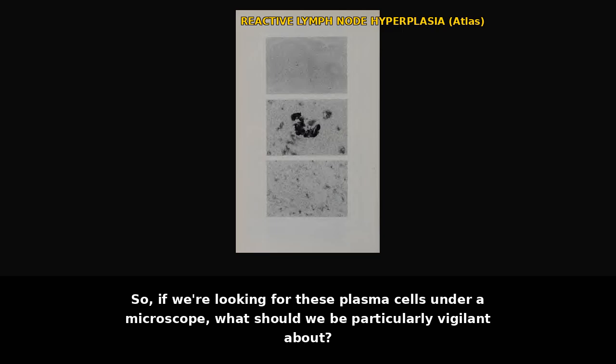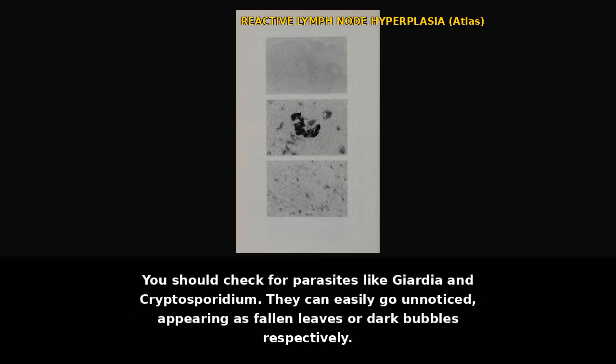So if we're looking for these plasma cells under a microscope, what should we be particularly vigilant about? You should check for parasites like Giardia and Cryptosporidium. They can easily go unnoticed, appearing as fallen leaves or dark bubbles, respectively.